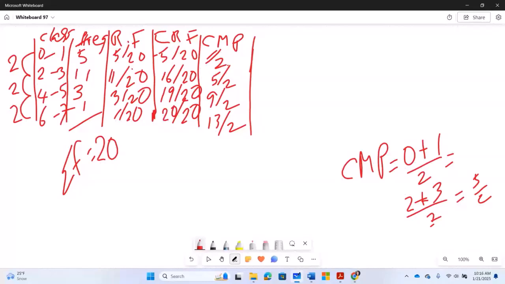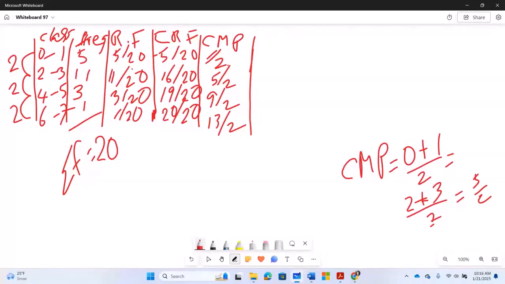So that is the first thing we want to do, to make a frequency distribution table. Remember at the beginning, we found the minimum number and the maximum number. Step 2, find the range. The range is maximum minus minimum.